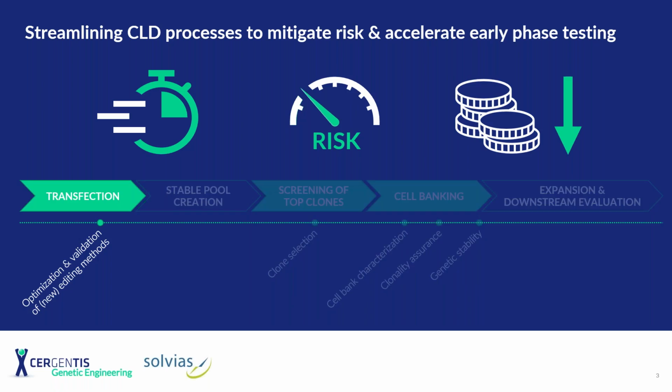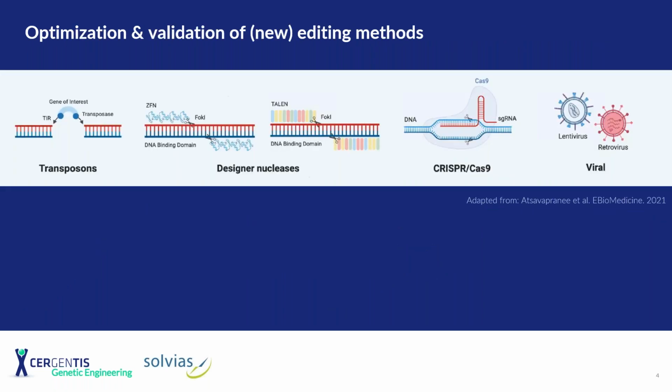So let's start with the optimization and validation of editing methods. To date, biomedical researchers have access to a wide range of genome editing technologies, and these scientific advancements over the years have enabled the possibility to directly target and precisely modify genomic sequences, towards better understanding the contribution of genetics to disease, thereby providing new insight into new cure and treatment strategies.